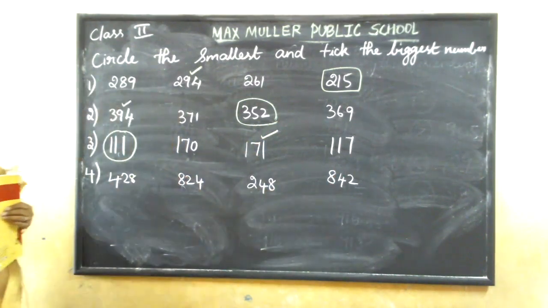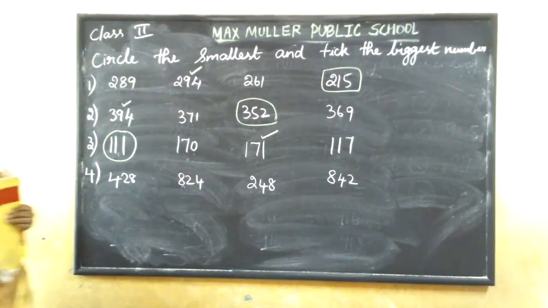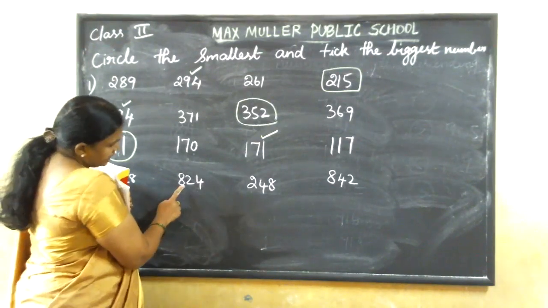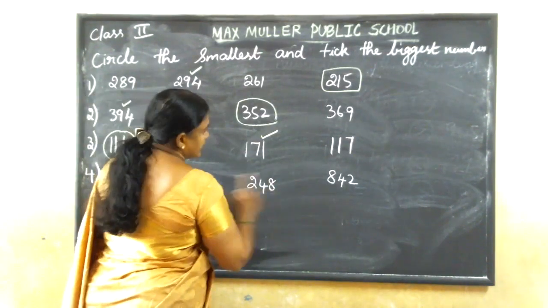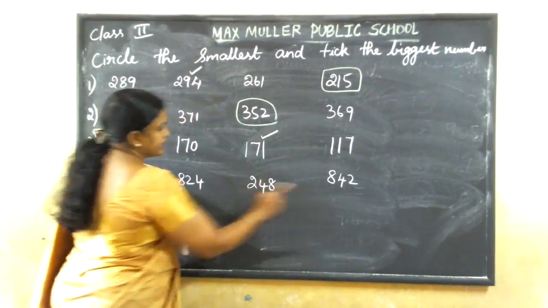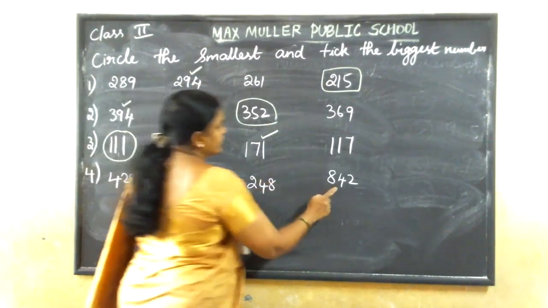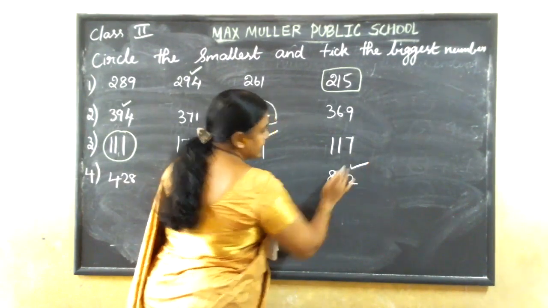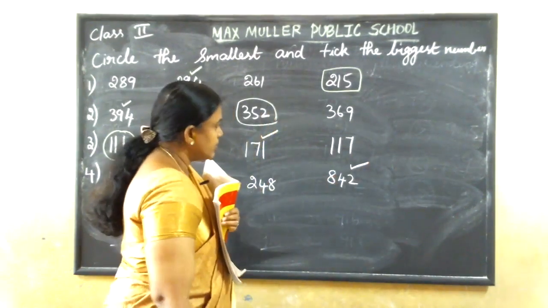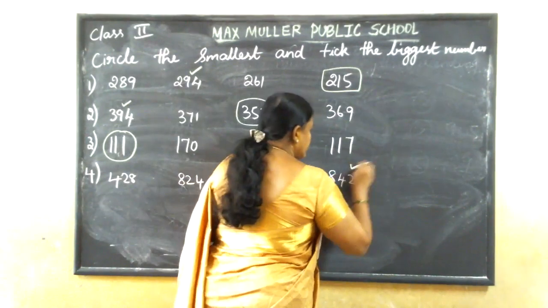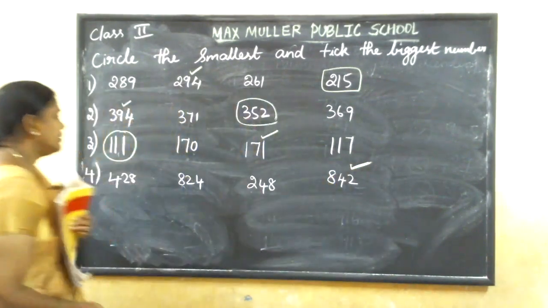Which one is the bigger number? 8 is the bigger number. But here on both sides 8 is there in the hundreds place. So we will go to the tens place. Here 2, here 4. Which one is greater? 4 is the greater number. So you want to tick 842.